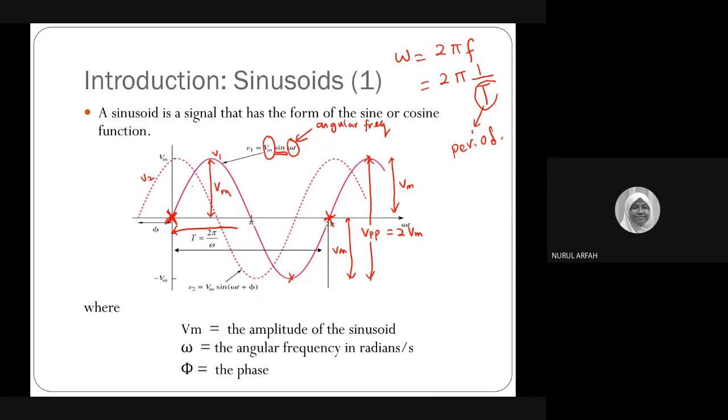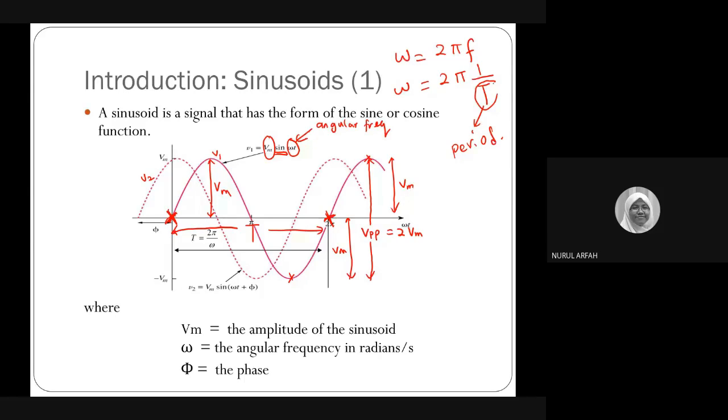So it starts from 0 here and it should end at this point. So this is one time frame, or we call it a period of time. And you know that T is equal to 1 over f. If you rearrange this, you can relate it to whatever you like.